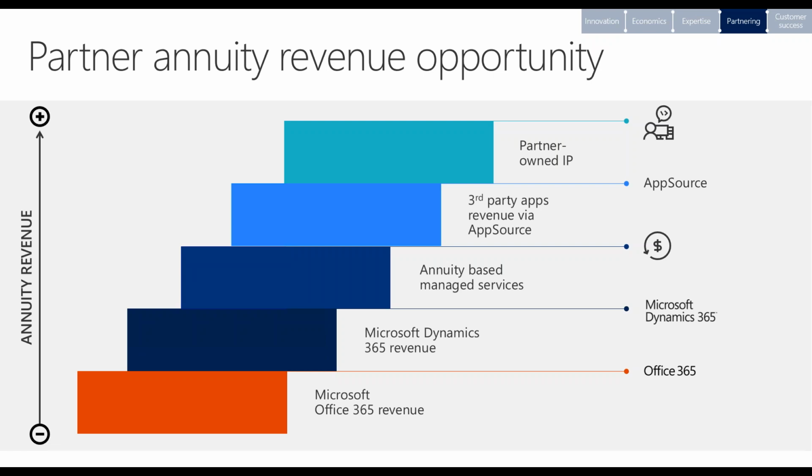So you can quickly increase your revenue. And then obviously if you're doing Microsoft Office 365, then you're getting even more revenue. So you're starting with Office 365, Dynamics revenue, your managed service if you're providing any sort of service or support to the customer, third-party apps via AppSource, the ISV solutions, and then your own IP. You can take that per user license quite high, and as you build that and you don't churn your customers, you'll just increase your revenue and your profitability.